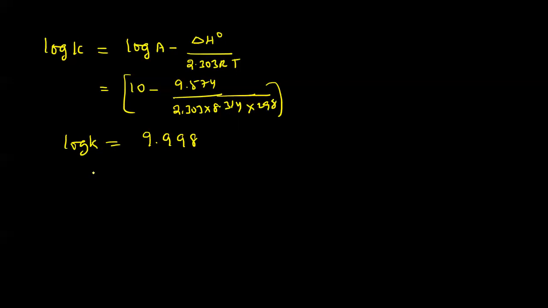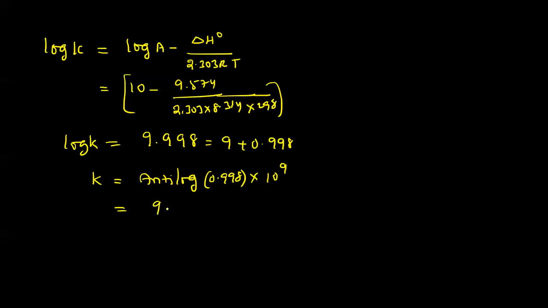When I want K, I have to find the anti-logarithm of this. The anti-log can be written as 9 plus 0.998, so anti-log of 0.998 into anti-log of 9, which is 10 to the power 9. From the anti-logarithm table, I got 9.95 into 10 to the power of 9.